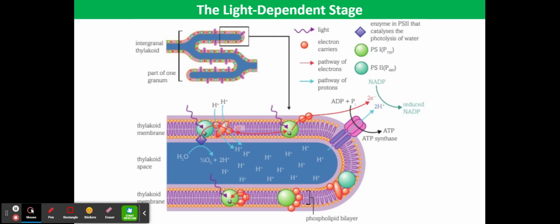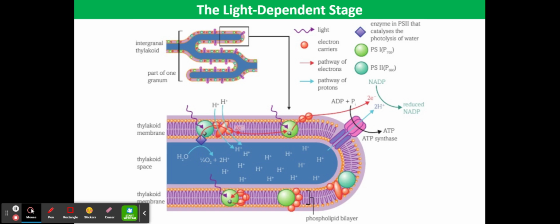Now I'm going to go through what happens in non-cyclic photophosphorylation. When a photon of light strikes photosystem 2, its energy is channeled to the primary pigment reaction center. The light energy excites a pair of electrons inside the chlorophyll molecule.